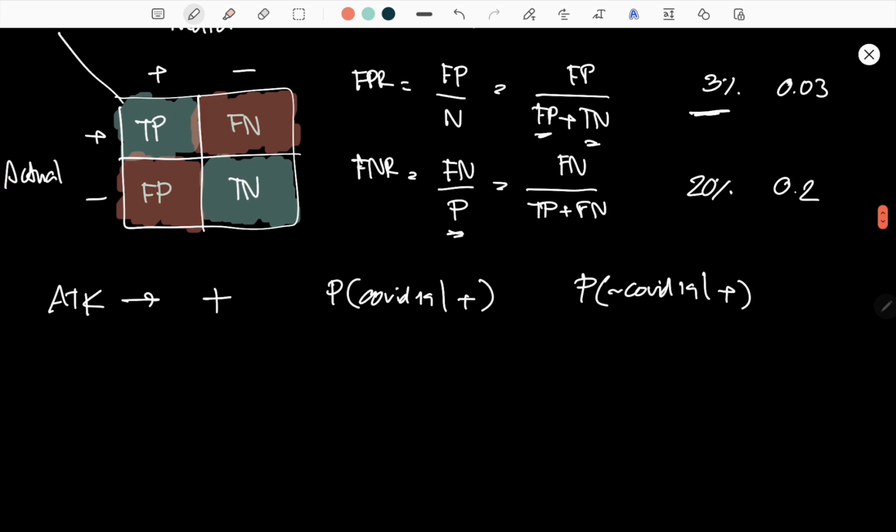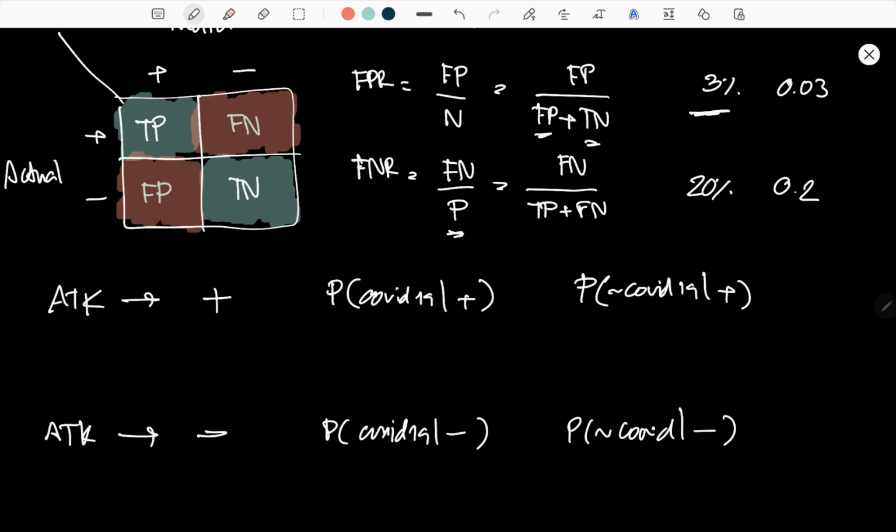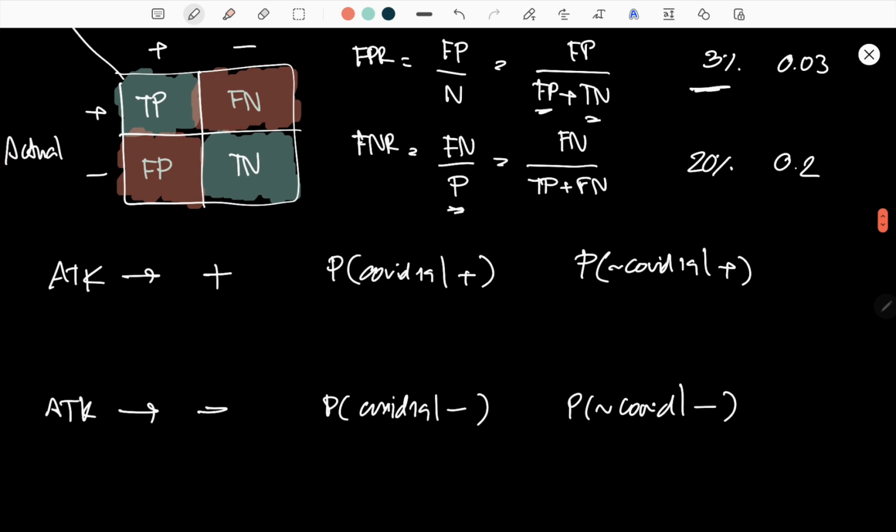And in the case that the ATK gives a negative result, you have to think about COVID-19 given negative or not COVID-19 given negative. So how can we get these results?